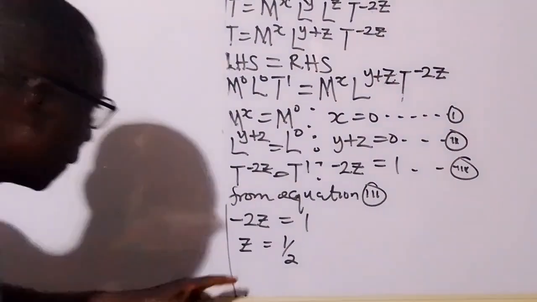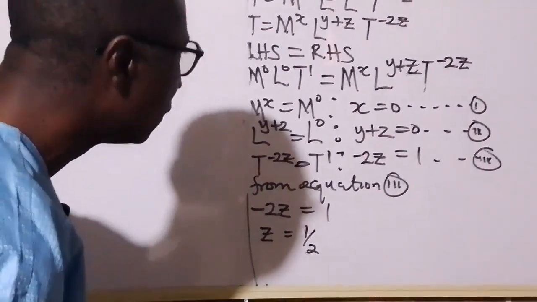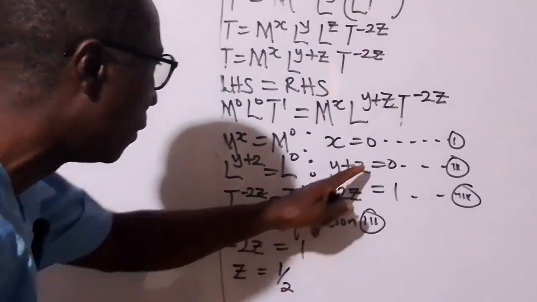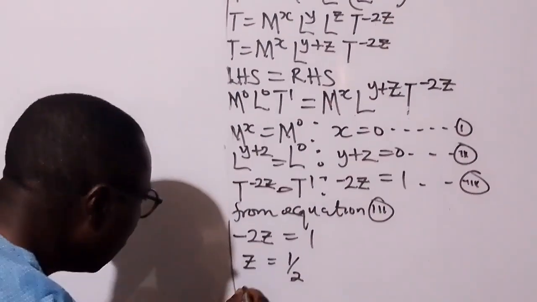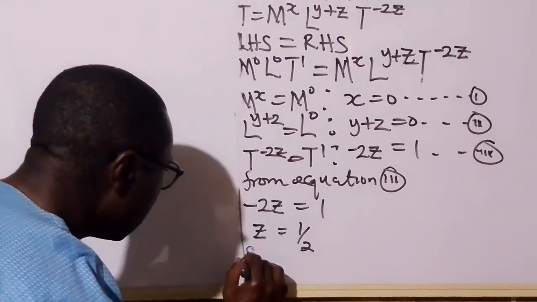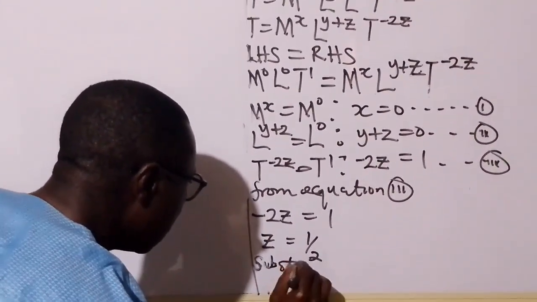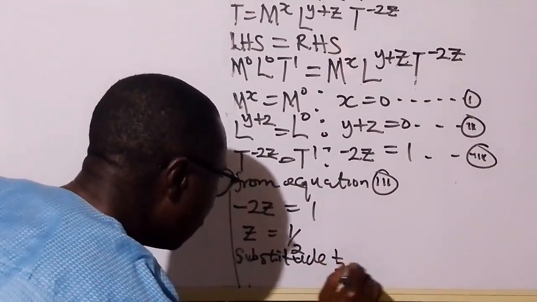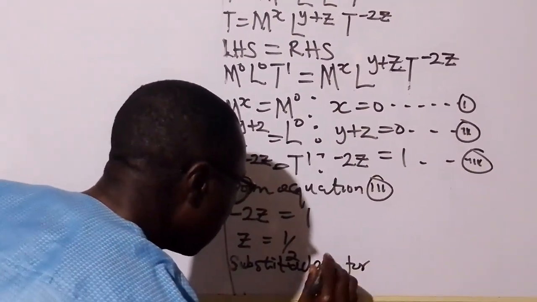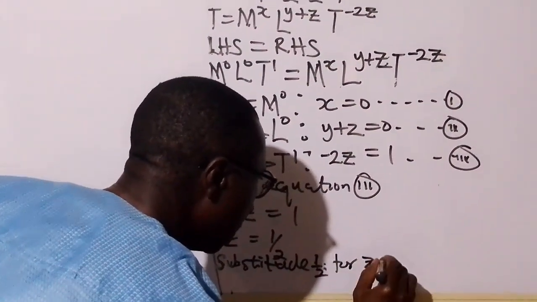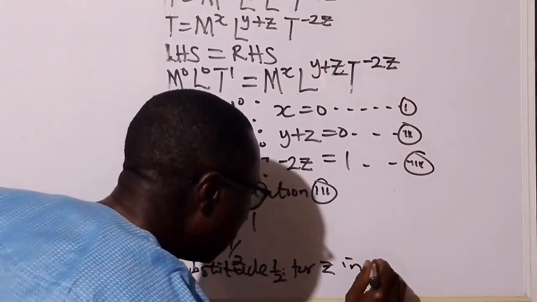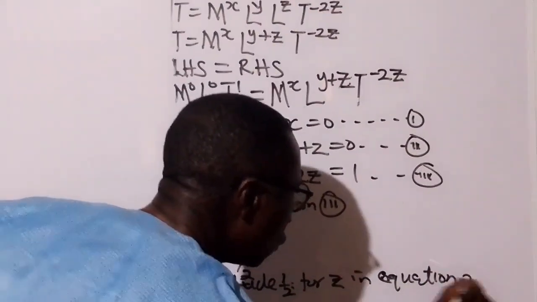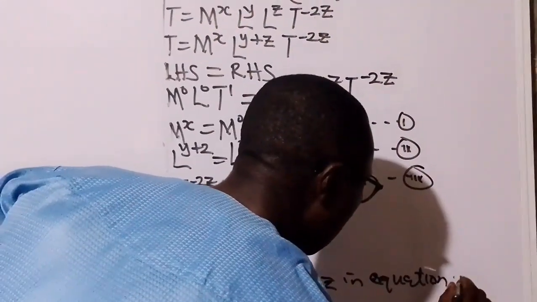Now, we got z as half from this one. Now, let's substitute half for z in equation 2.